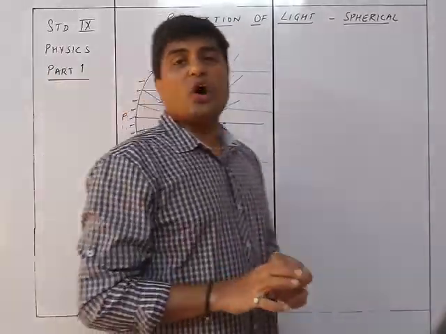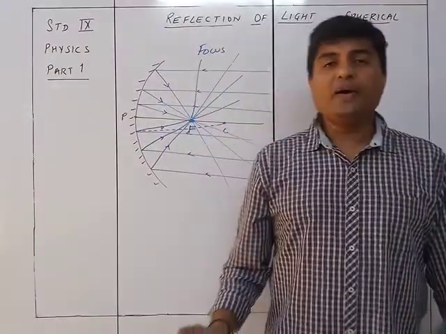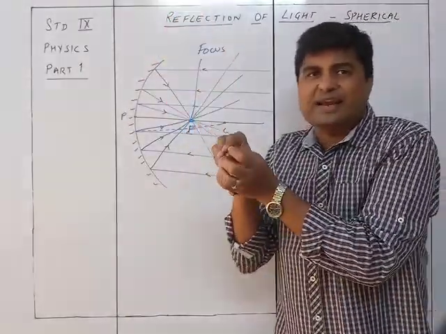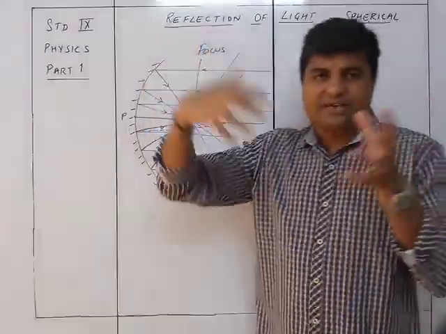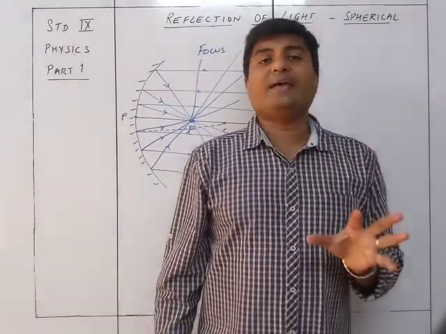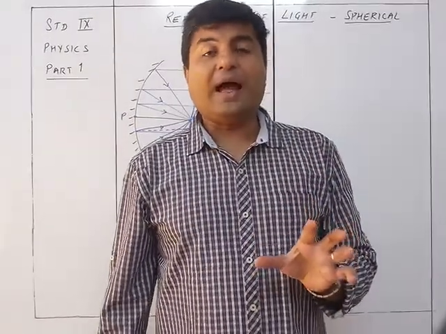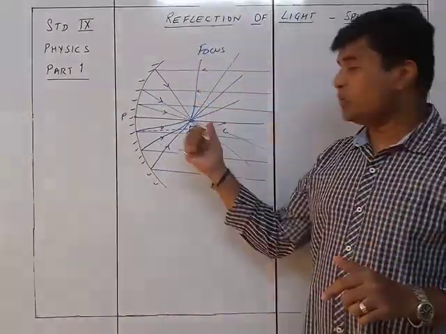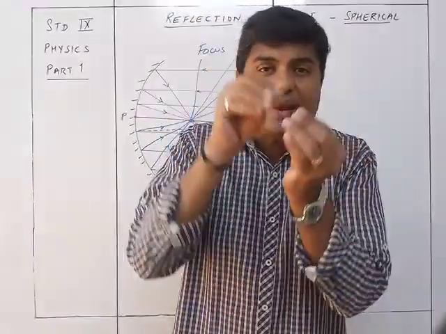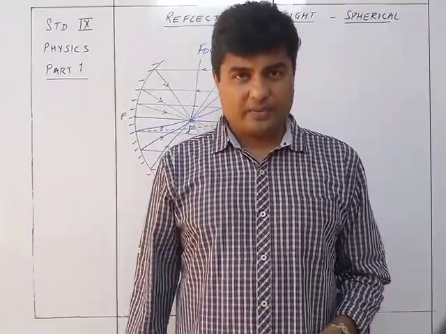So in case of a concave mirror, you will find that all the rays are converging at a point. That's why the concave mirror is called a converging mirror, and the focus present over here is a real focus, because the rays of light are actually intersecting at that particular point.